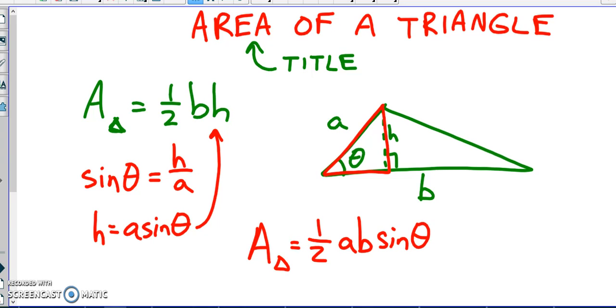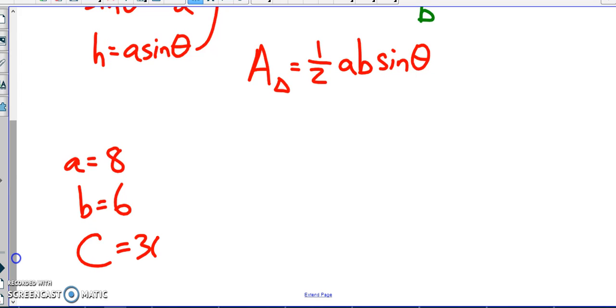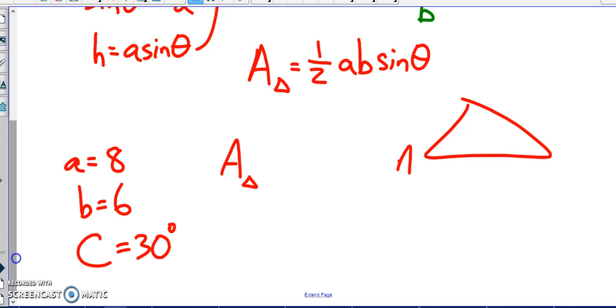So for example, if I had the following triangle, if I had little a equals 8, little b equals 6, and c equals 30 degrees, what I could do is say, okay, the area of this triangle, now notice when I draw this, and it doesn't have to be a super accurate picture, there's A, there's B, and there's C. So that would mean that this is 8, this is 6, and this is 30 degrees, which clearly isn't accurate in this picture, but that doesn't matter.